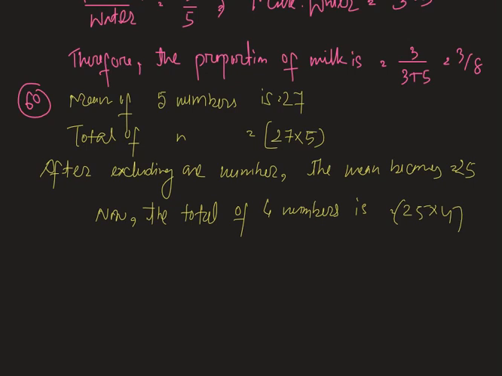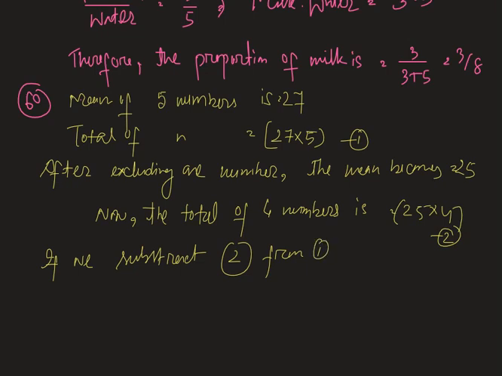Therefore, if we subtract the total of 4 numbers from the total of 5 numbers, we get our required number.